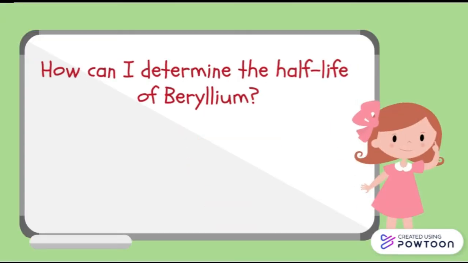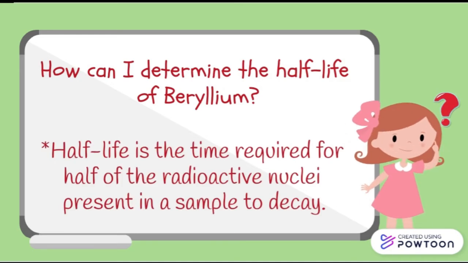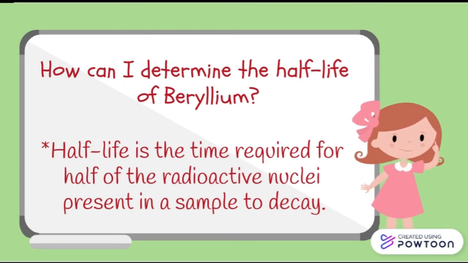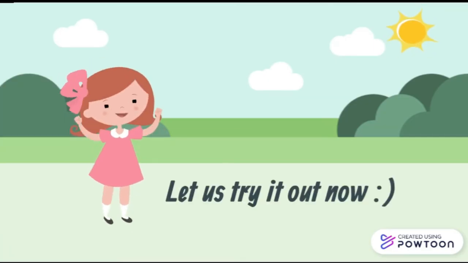So now, how can we determine the half-life of beryllium? As a reminder, half-life is the time required for half of the radioactive nuclei present in a sample to decay. Let us try to solve the question.